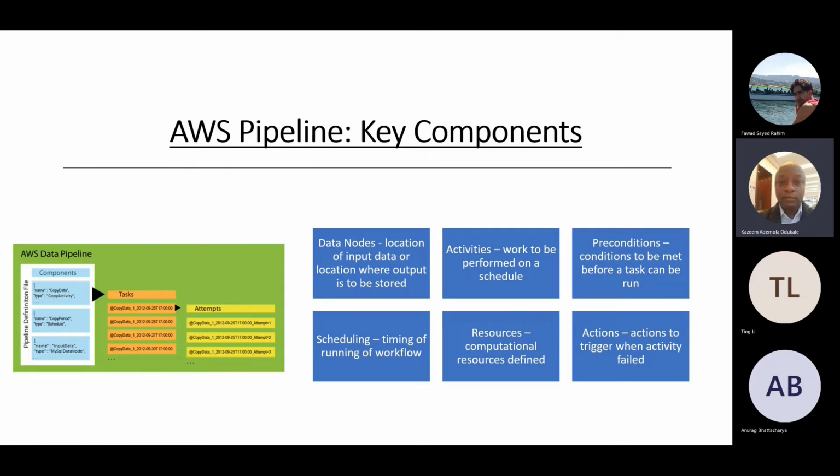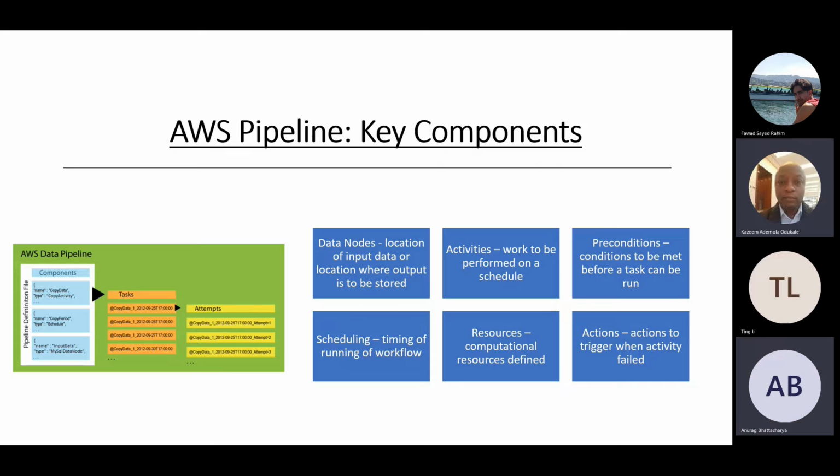Then in the schedule, you have to schedule the pipeline. Is it going to be on a daily basis or weekly basis? You configure that there. Then you have the resources, the Amazon instances that you want to instantiate to run jobs, and the actions that must be performed.